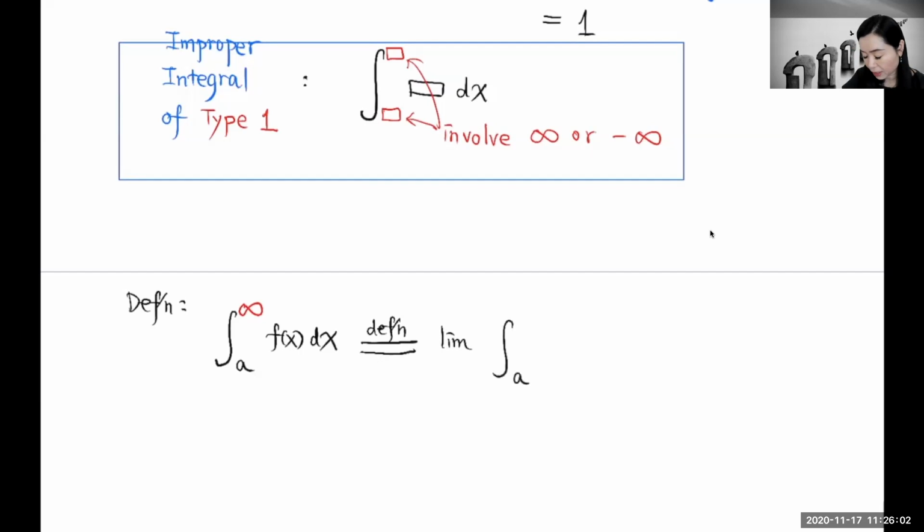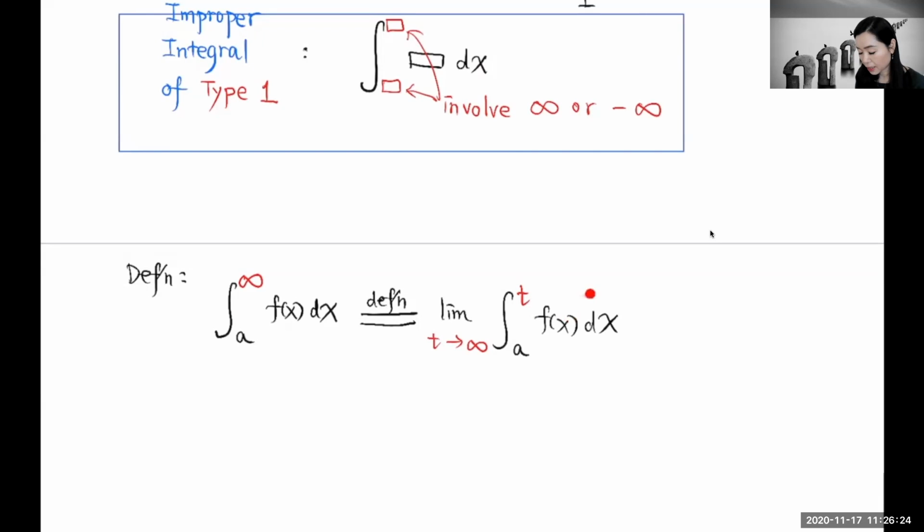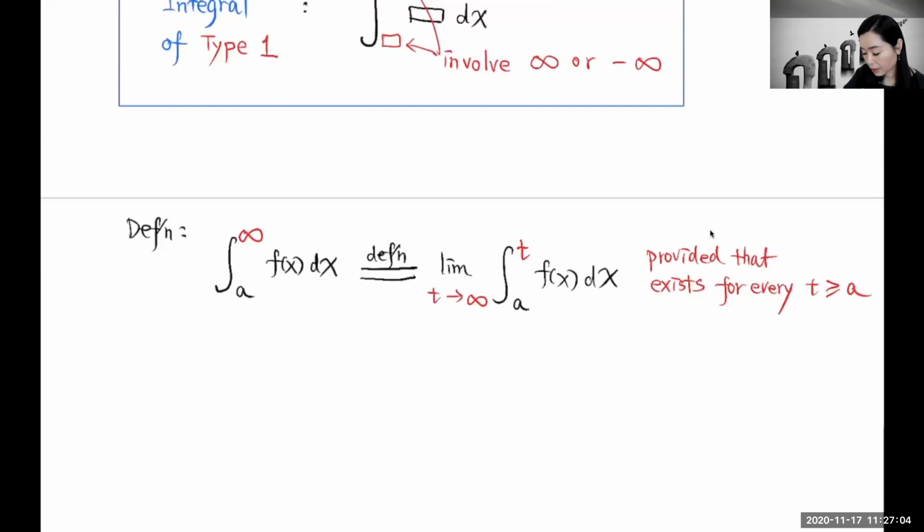We replace this infinity here by t, and then let t go to infinity, providing that this integral exists for every t greater than or equal to this a. So if this integral here exists for every t greater than or equal to a, you take this limit as t goes to infinity, that will be equal to this improper integral over here. Now what happens if the lower limit here is infinity? So how would you like to define that?